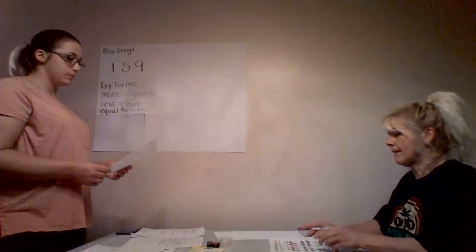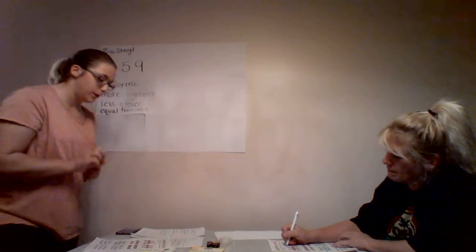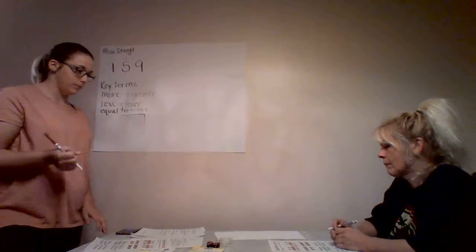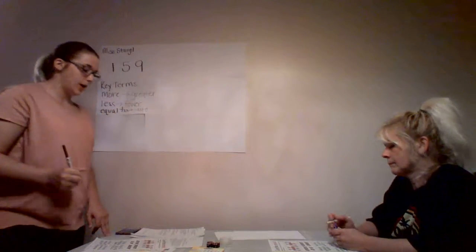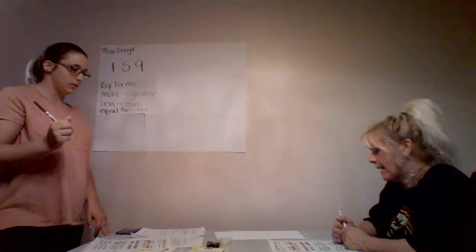Alright, so can you tell me how many kittens are in the first column? 5. Okay, so we're just going to write that down so we remember. And how many kittens are in the second column? 4. Which one has the most? 5. Okay, good job. So it's going to be the one on the left.